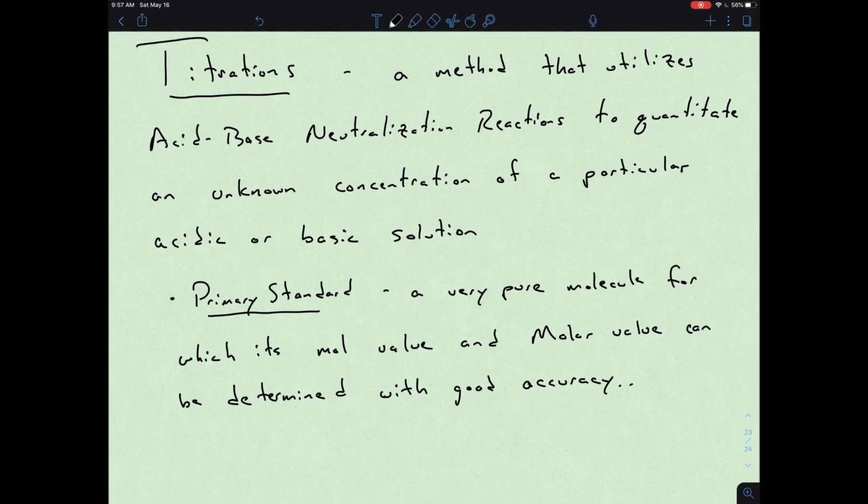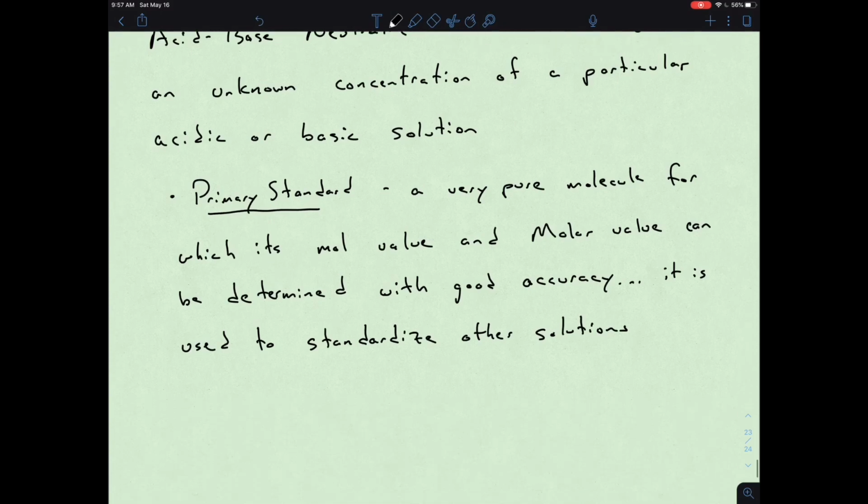It's used to basically standardize other solutions. And standardize means determining concentration.